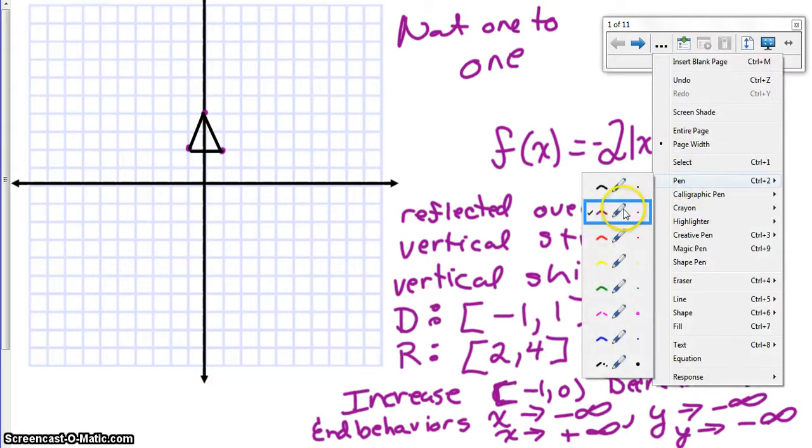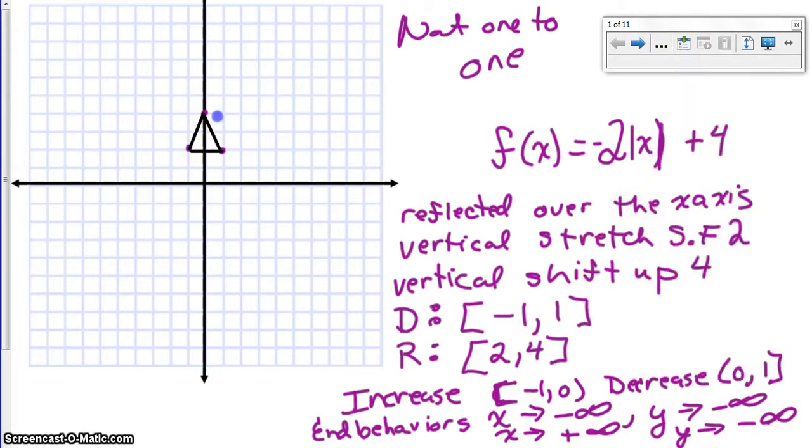So the first thing I need to do is I need to label this as function number 1, and then I'm going to label this one as function number 2. Well, function number 2, the parent function, is a line because this is linear, but my equation is just y, or f of x, is equal to 2. Okay? It is a constant interval.